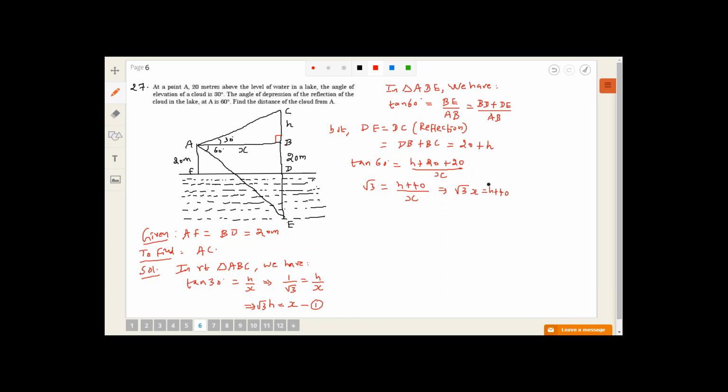Substituting in this equation 2, we get root 3 into root 3 of h is equal to h plus 40, or 3h is equal to h plus 40, or 2h is equal to 40, which implies h is equal to 20 meters.